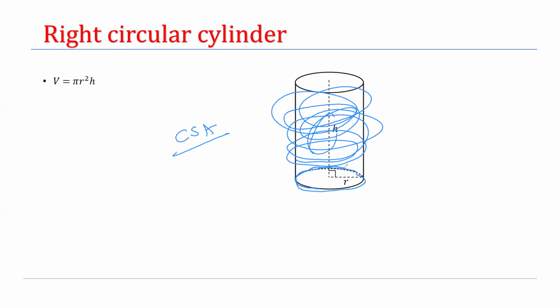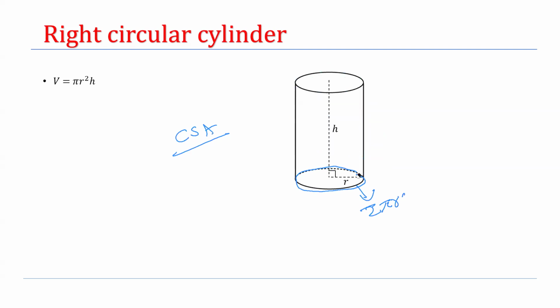This is a circle. What is this called? Circumference, sir. What is the circumference of the circle? 2 pi r. And we want all the circumference, right? The circle has all the circumference with height h, right? Do you agree with me? Yes, sir. So CSA will be 2 pi r h.